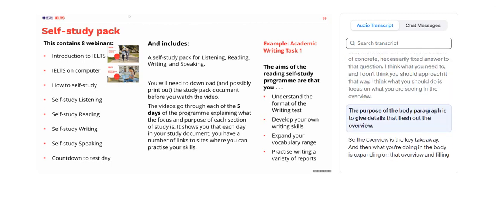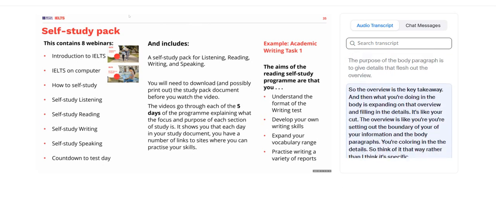The purpose of the body paragraph is to give details that flesh out the overview. So the overview is the key takeaway, and then what you're doing in the body is expanding on that overview and filling in the details. It's like the overview is setting out the boundary of your information, and in the body paragraphs you're coloring in the details. So think of it that way rather than a specific number.